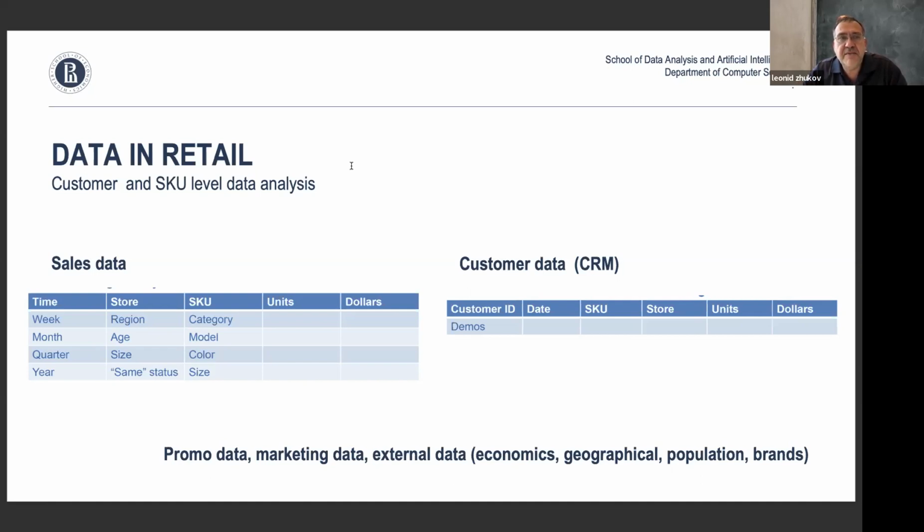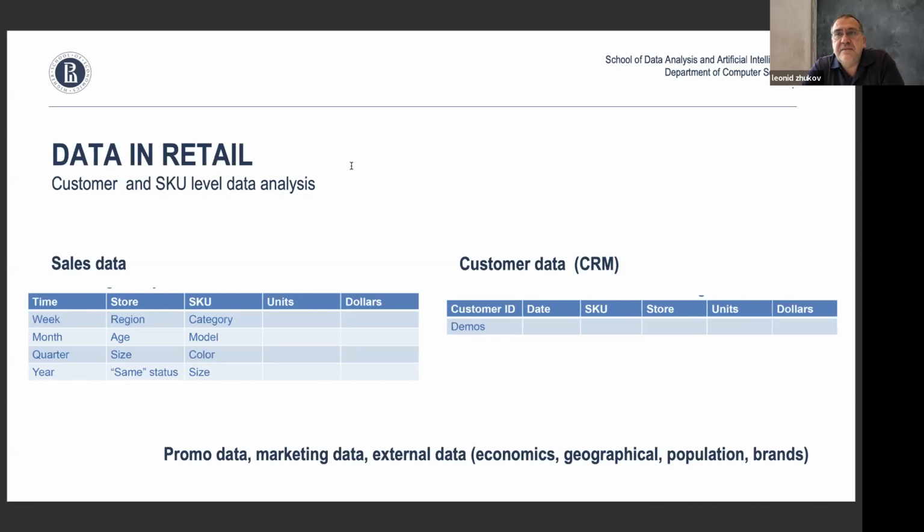SKU is the acronym for stock keeping unit. It's usually the unique number that is assigned to an item, and typically that's how you distinguish items.